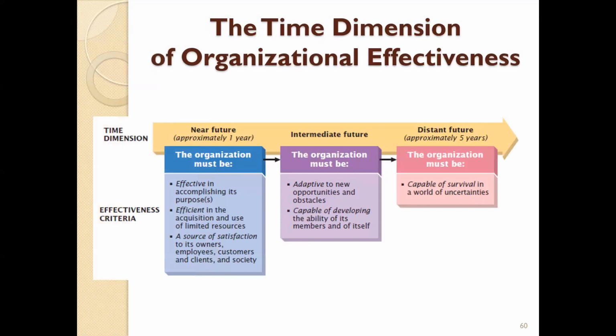See, near future, within about a year, what happens? Intermediate and distant future, 5 years. 5 years is normally the given time for planning or remodeling your organization. It's kind of accepted as that.